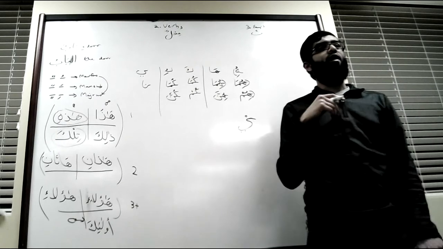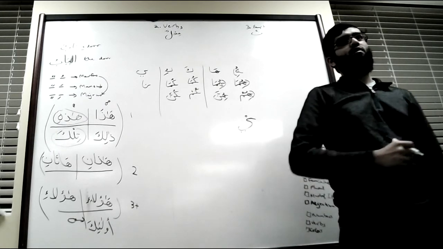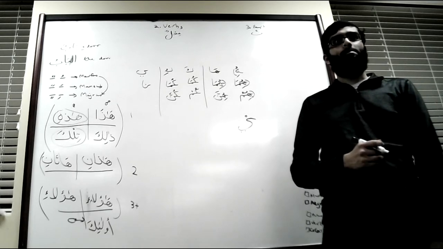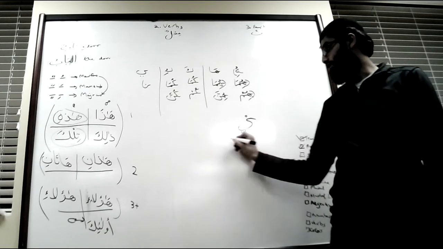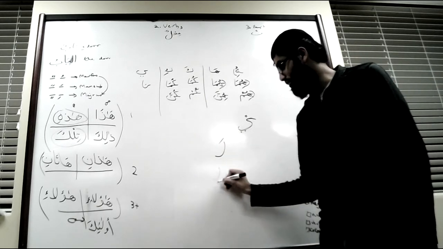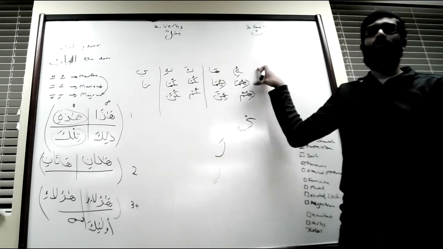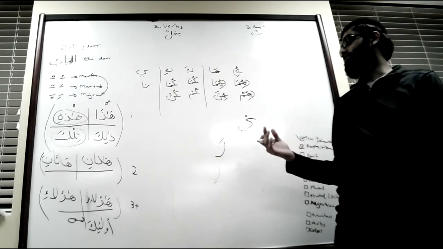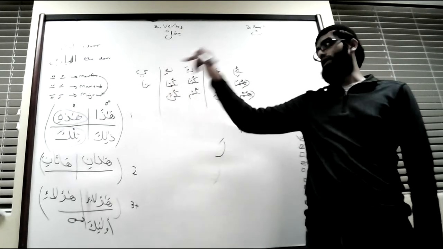Okay. So how do you say "to her" using the li? Laha. Why do you say la? Because it's a noun. No, it's li usually, but when it's attached to these 14, it becomes la, except for the ya mutakallim, so that's still li.